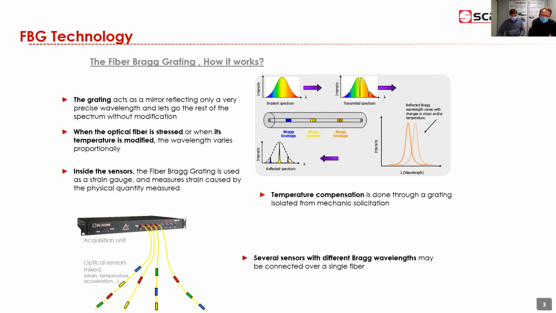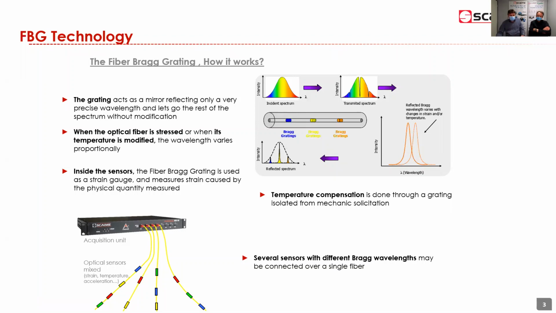Two important points, but one is the key point for our technology: since each grating has one specific reflection wavelength, for example blue here, we can have another Bragg grating after it. The light which is not blue will go through the fiber to the yellow one, then be reflected, and so we can measure both, and have many Bragg gratings in series.